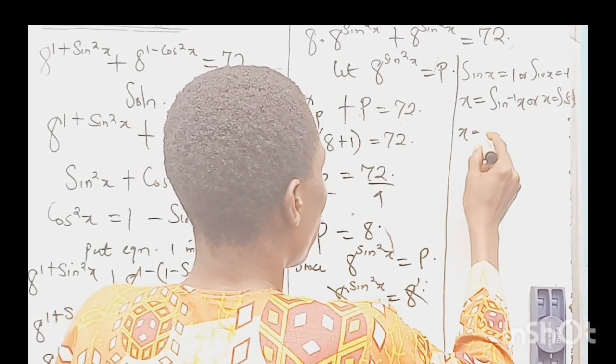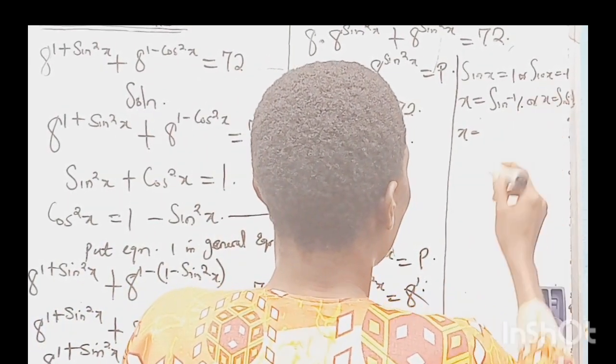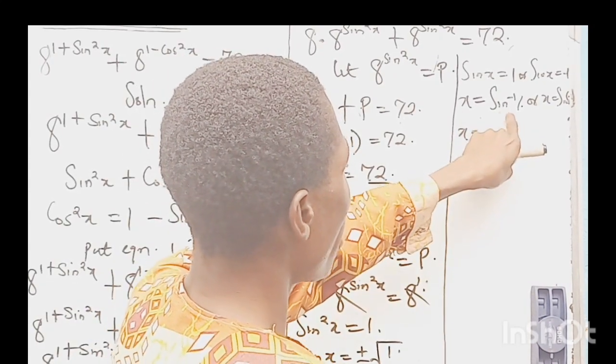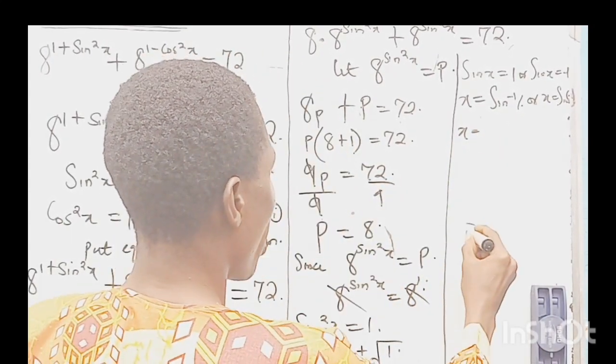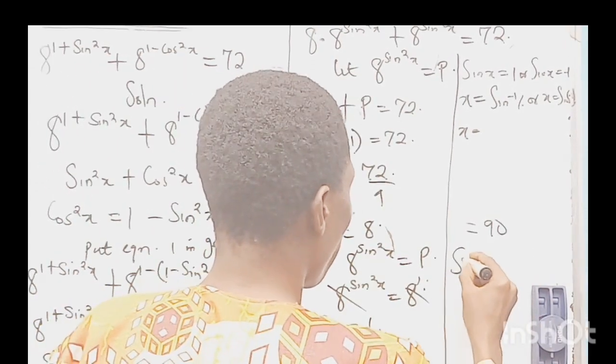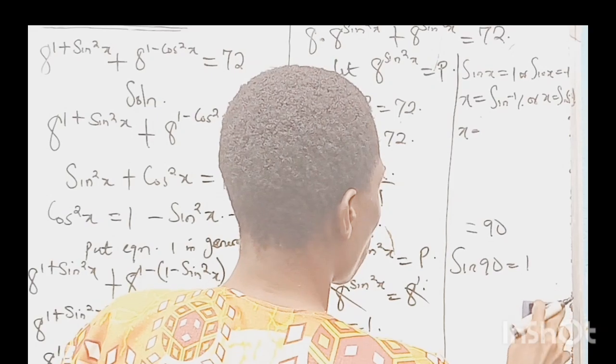So we know, it's 1. We know that the inverse sine of 1 is 90, because if we do sine 90, what we'll have is 1.